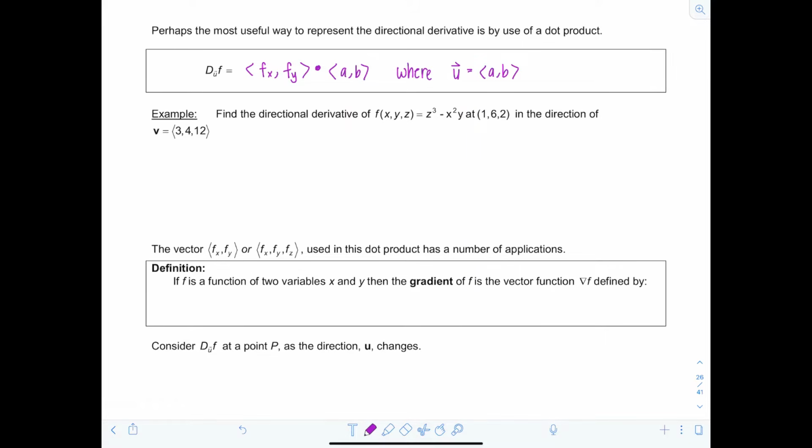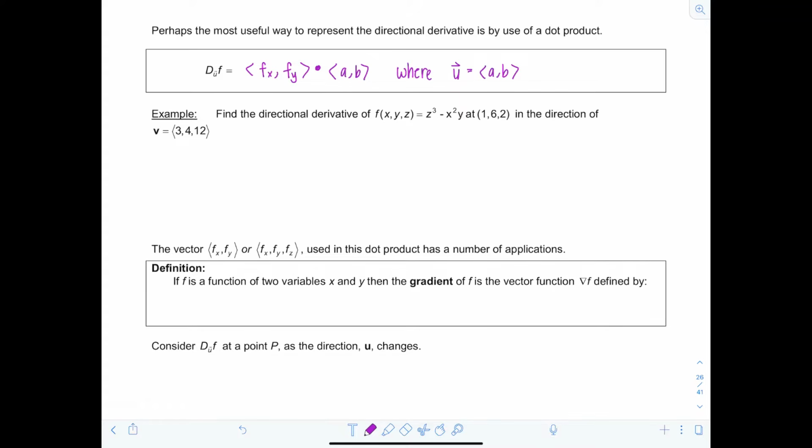Okay, so we're going to try using this notation instead. It's just a little cleaner. Find the directional derivative of the following function of x, y, and z. In this case, I'll have to take 3 partial derivatives, so I'll have vectors in 3-space, at the point (1, 6, 2), in the direction of the following vector. First things first, we need a unit vector, don't we?